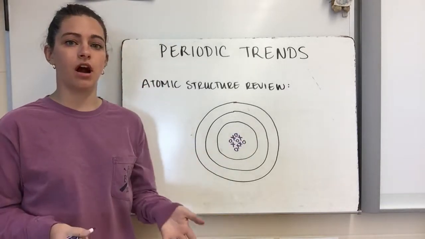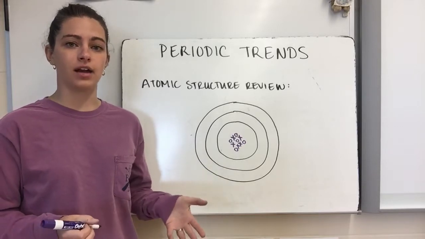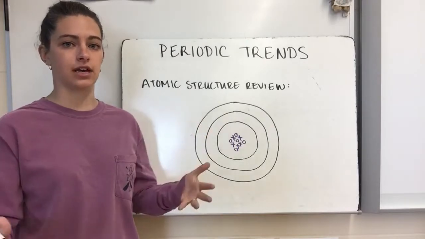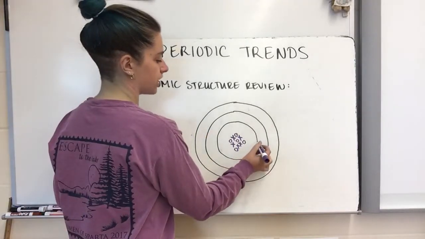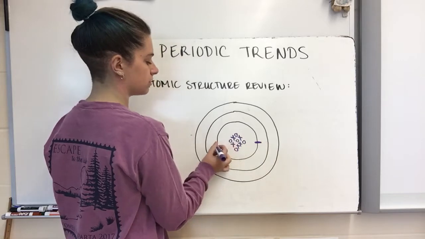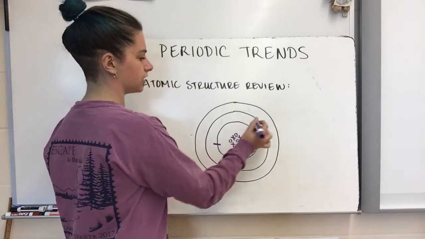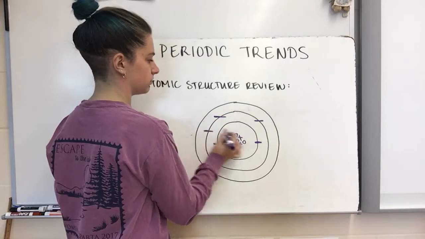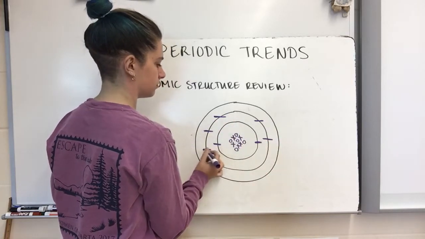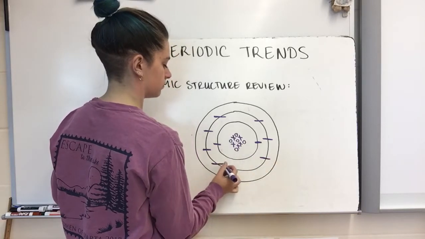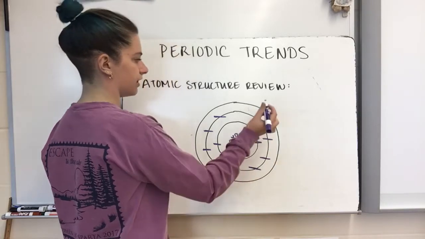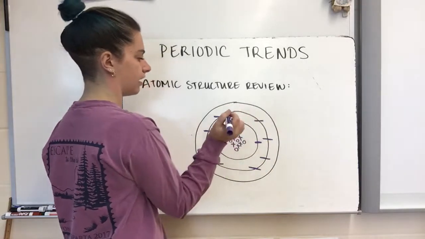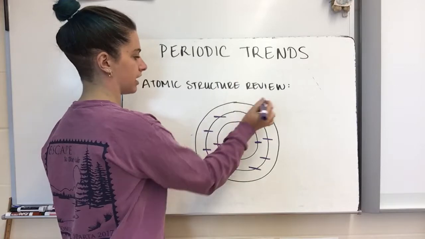And then finally, we have our electrons, and according to the Bohr model of the atom, our electrons live in energy levels, and they fill from the inside to the outside of our energy levels. So our first energy level has 2 electrons. Our second energy level can have up to 8, and our third energy level, how we're going to draw it, can have up to 8.